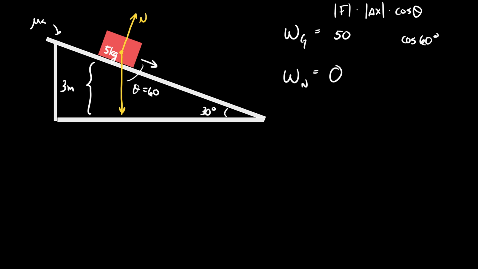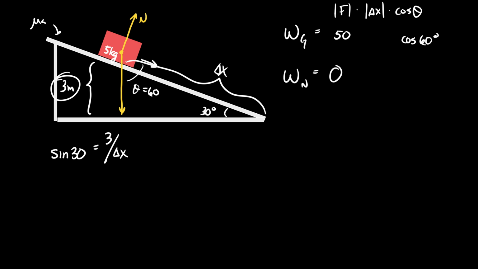Delta x, that's going to be tough. But I think we can get it, right? I mean, don't we have the height here is 3 meters? So couldn't we use that to figure out this length? In fact, I think sine of 30 is going to have to be hypotenuse 3 over whatever this is, delta x. So you guys are smarties.